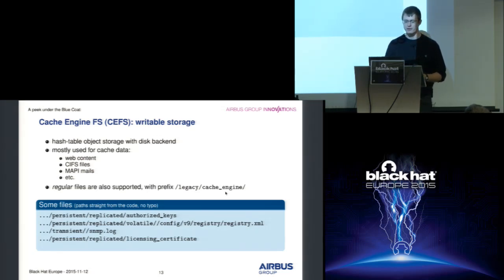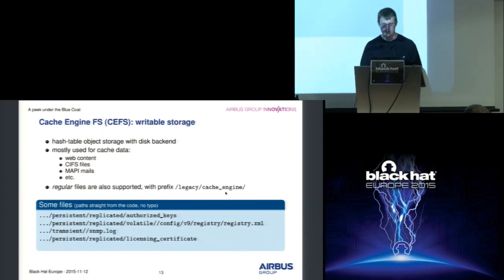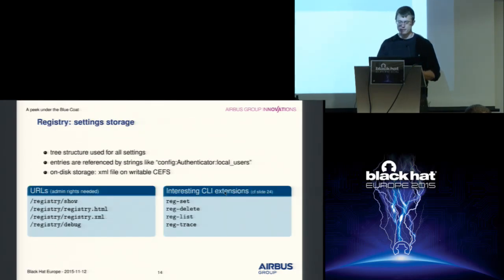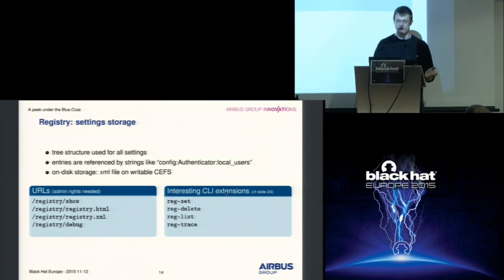If you just look for legacy cache engine in the binaries, you get a few interesting strings like authorize key, snmp.log, and registry.xml, which is used to store the settings. The registry is a tree structure, a bit like the Windows registry, except that it's stored in an XML file on the CEFS.